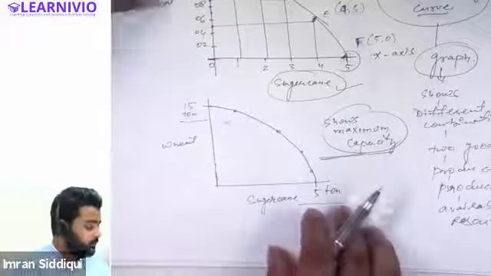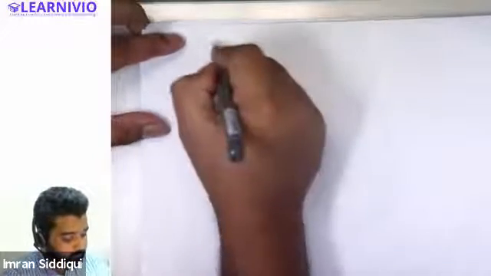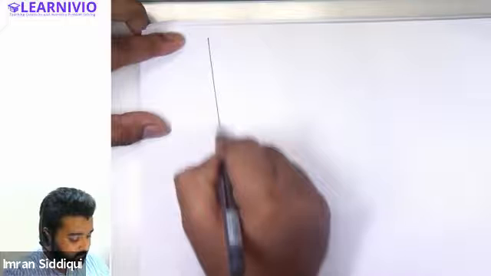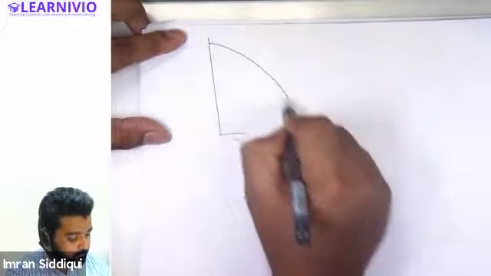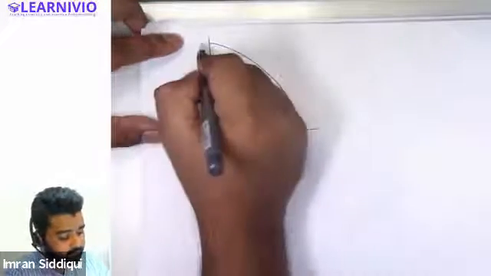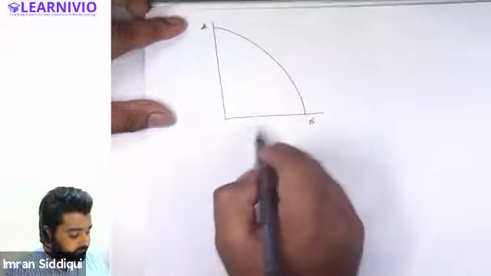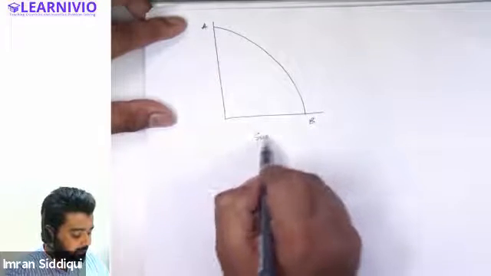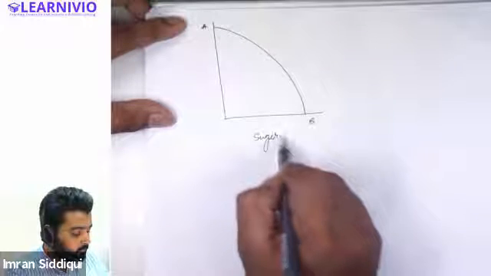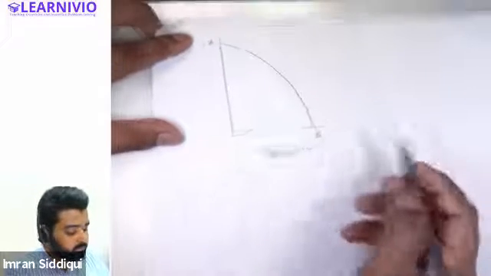Suppose, let me take one more example to make it a little clearer. Suppose this is a production possibility curve AB, and it is indicating the maximum quantity of sugarcane and the maximum quantity of wheat that a producer will be able to produce.